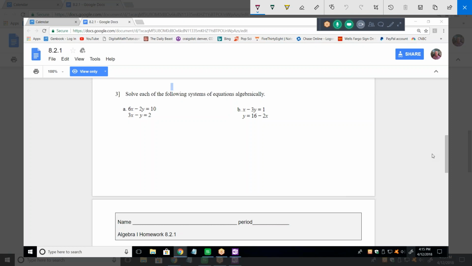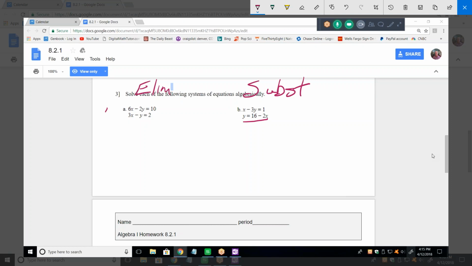The entire left side and the entire right side is in standard format. That's begging to be solved by elimination. In B, this one is solved completely for y. That's begging for substitution. Okay? All right, so let's do the first one.